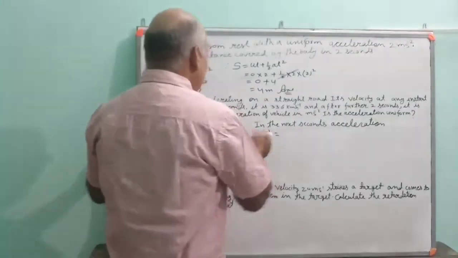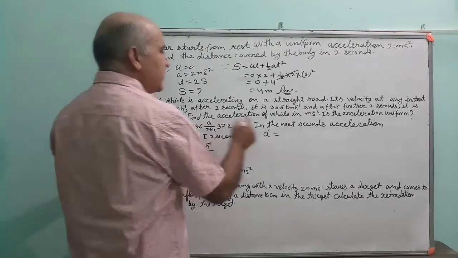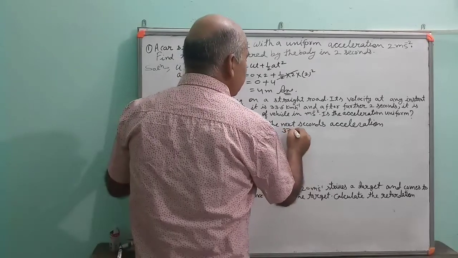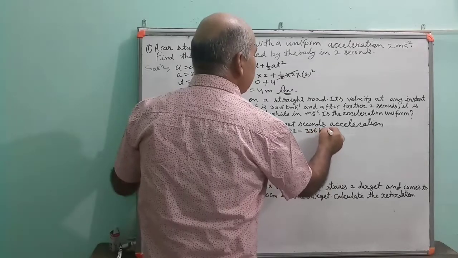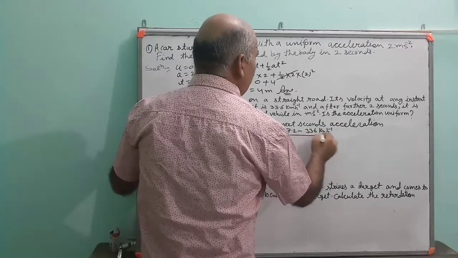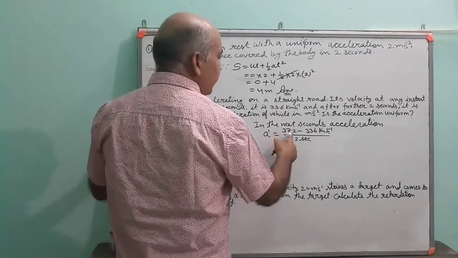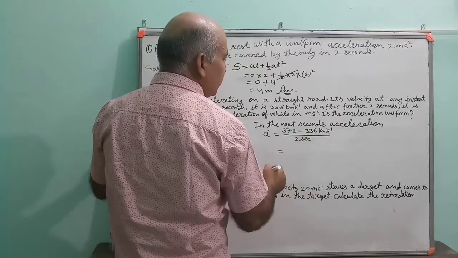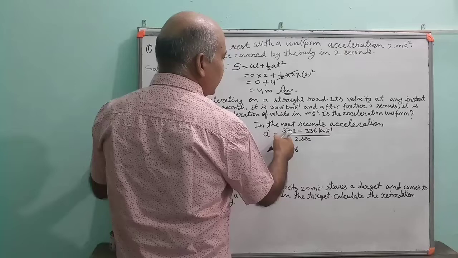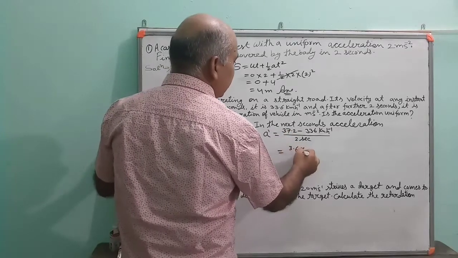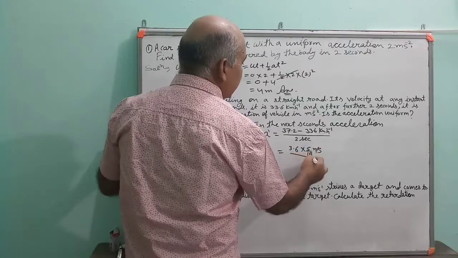Okay, so here final velocity is 37.2 and initial velocity is 33.6. So change in velocity is 37.2 minus 33.6 kilometer per hour upon time is 2 seconds. Now 37.2 minus 33.6. 12 minus 6 is 6 and 36 minus 33 is 3. 3.6 into 5 by 18 meter per second.